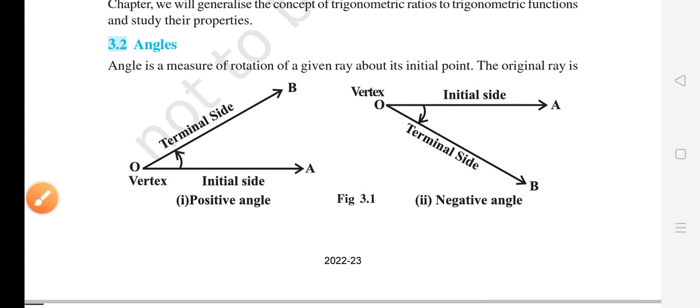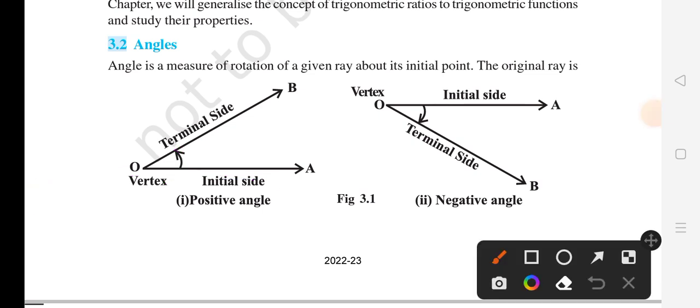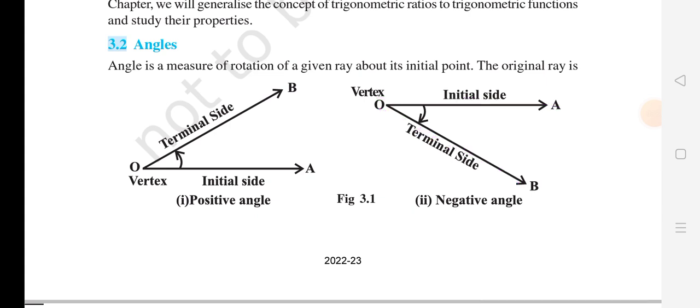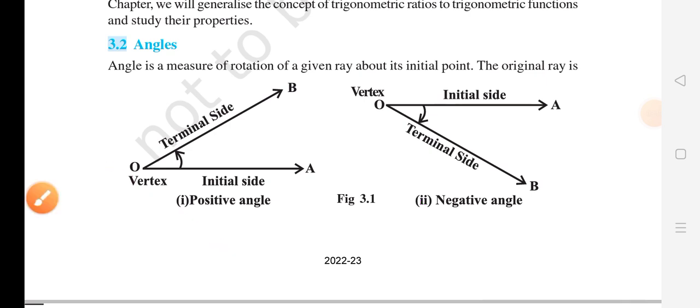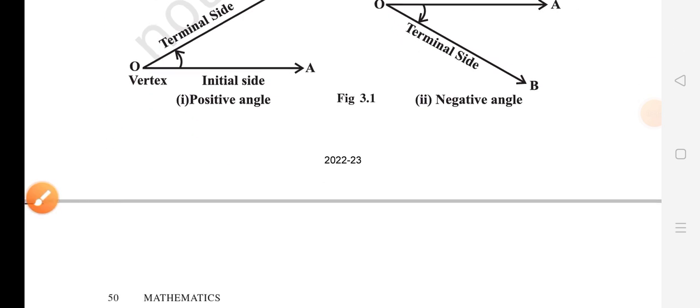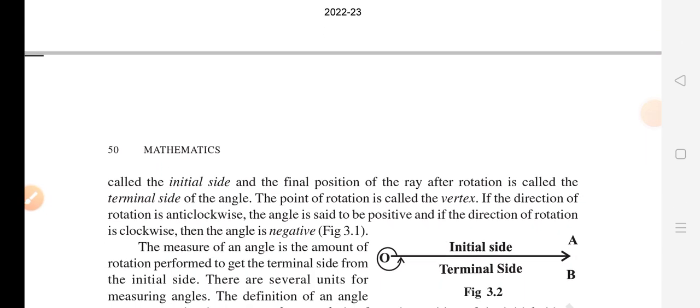On the other side, if the initial side is OA and the terminal side is OB, then if this ray is rotated in the clockwise direction, the angle so formed is a negative angle. So rotation in the clockwise direction forms a negative angle, and if anti-clockwise it will form a positive angle. So I hope you understood the positive and negative angle.